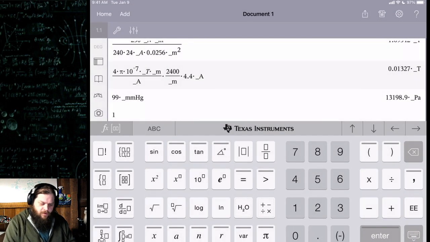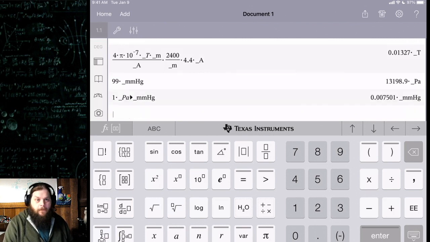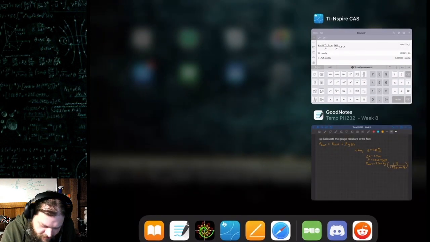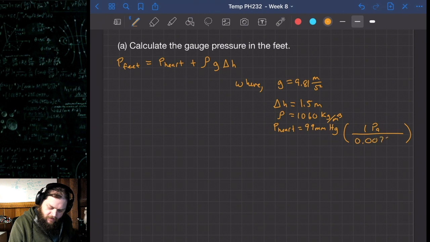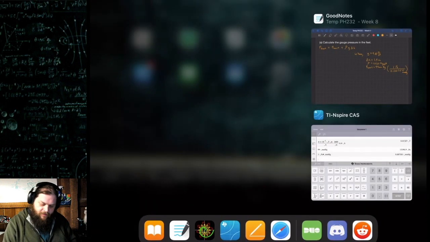Let me see if I got that conversion right. I was way off. So that should be the amount of millimeters of mercury there is in a Pascal. That was 0.007501 millimeters Hg, just to have the right units on here.